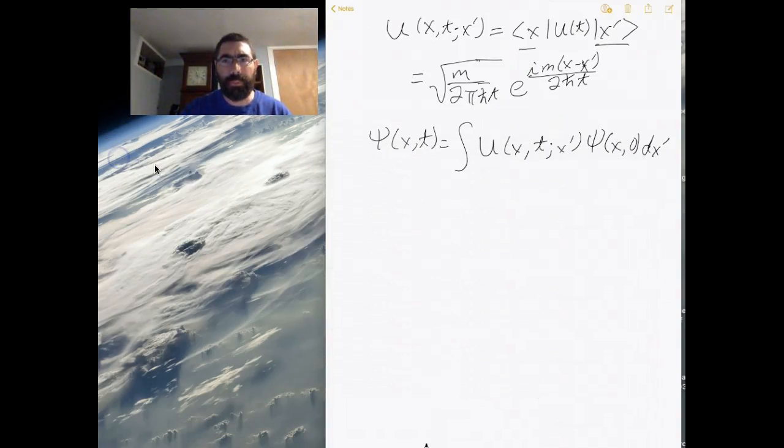Okay, so let me rewrite that. We're going to use the initial condition that the initial momentum is 0 and that the width is equal to 1.